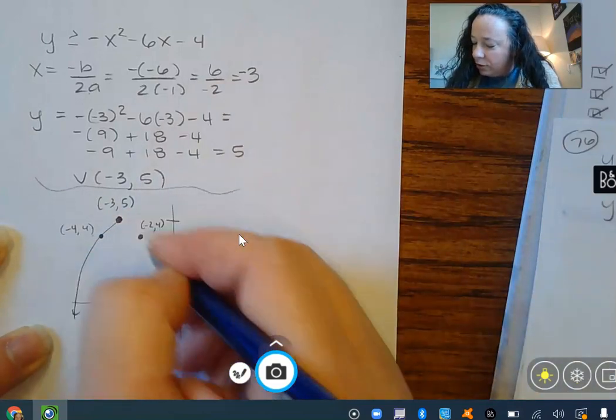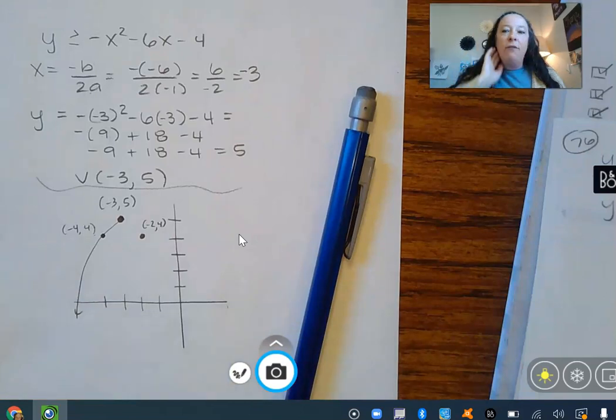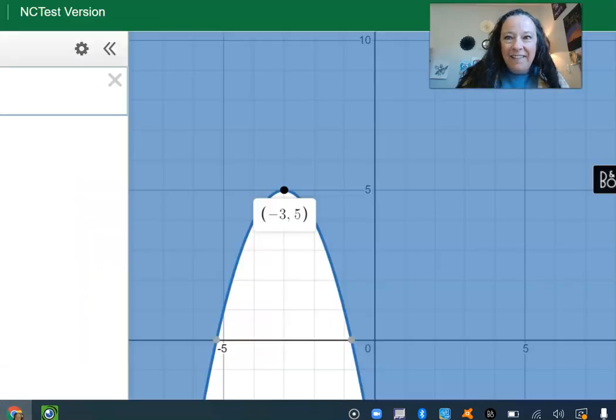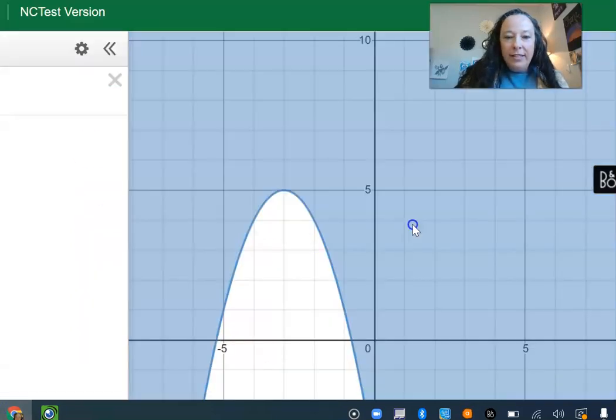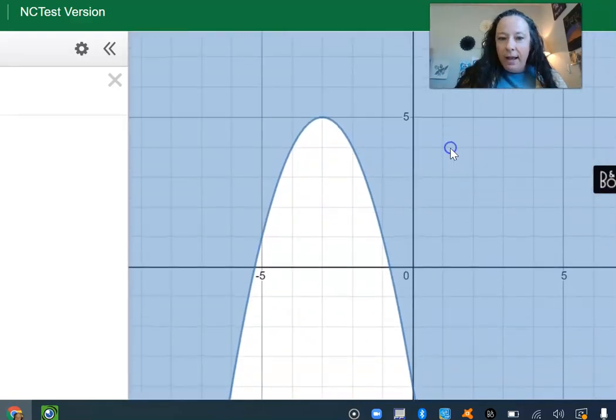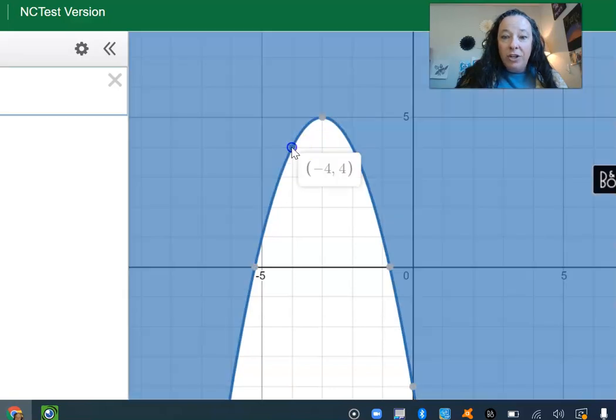Now, where is it going to cross the x-axis? I might need to be careful here. I need to go and put this in Desmos as well. I think I already have. Yeah. Okay, so here it is in Desmos, and we can double check our vertex. Yes, we got that right. Now, I got corresponding points when I showed it to you as (-4, 4) and (-2, 4).